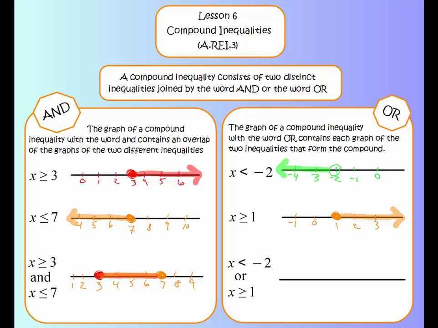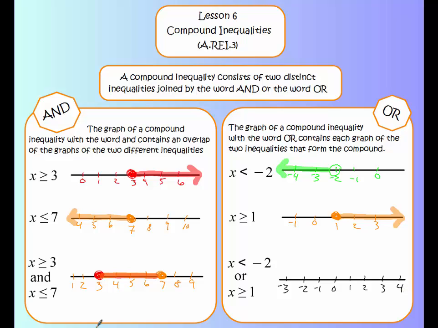So let's see what happens when I connect these with the word or. I'm going to need to have a negative 2. So let's start down here with a negative 2. So over here it'd be a negative 3. Let's go with negative 1, 0, 1, 2, 3, 4. Okay, so let's graph the first one again. This x is less than negative 2.